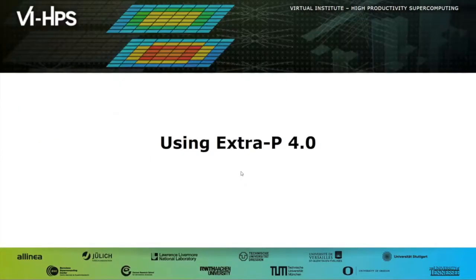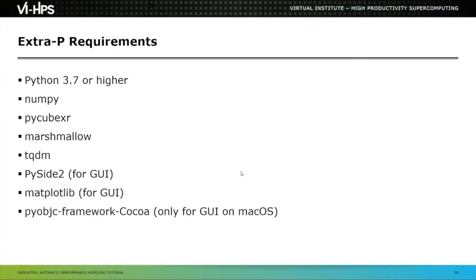So let's get into how we can use Extra-P 4.0, which is the current version release that we have. There are a few requirements for you to install Extra-P. The first one is Python 3.7 or higher. The current Extra-P version is completely implemented in Python, and therefore the other dependencies are also very commonly used Python packages.